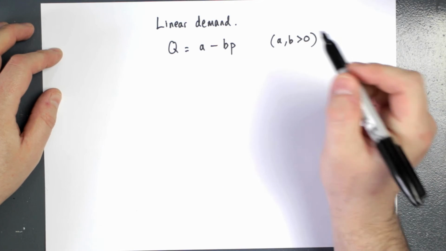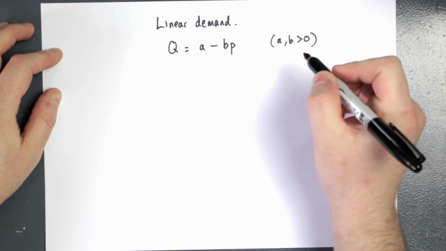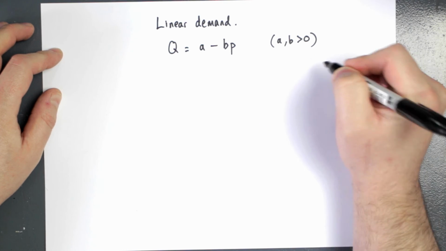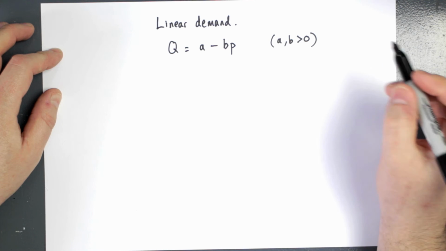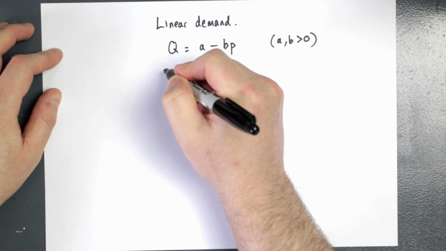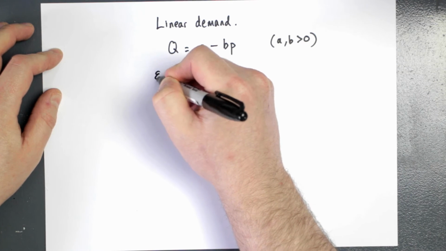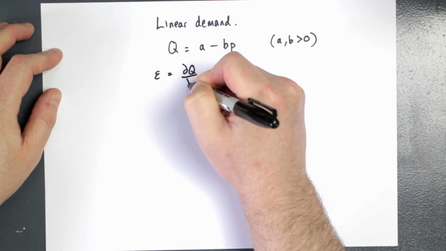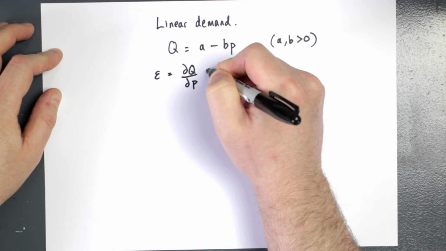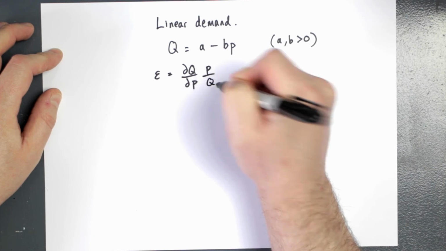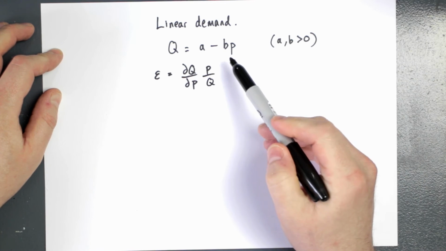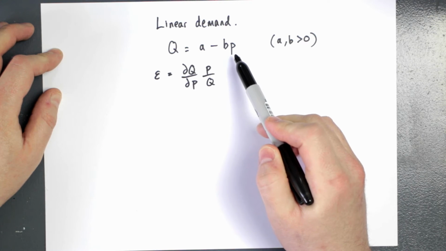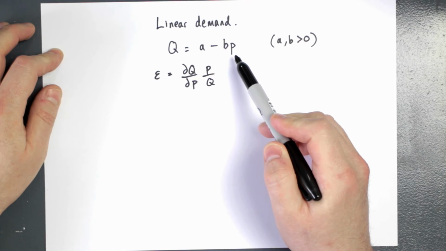Okay, now elasticity, so far we've been defining it using partial derivatives. So for instance, the elasticity, we would write it as the partial derivative of Q with respect to P multiplied by P over Q. Now in this case, Q, demand, is a function of just a single variable, price.